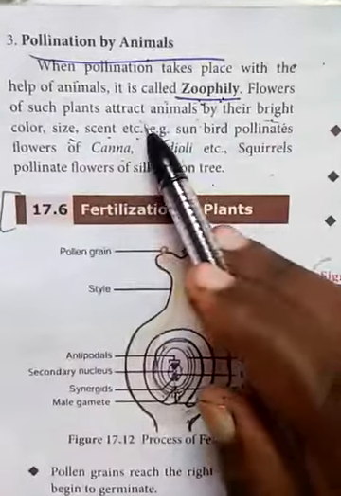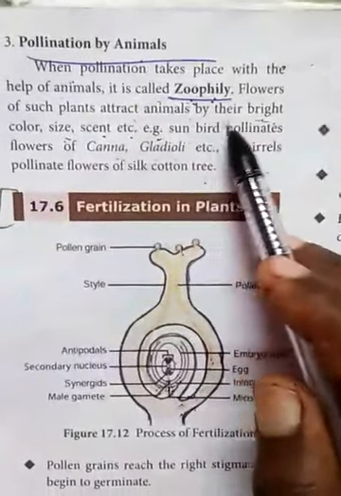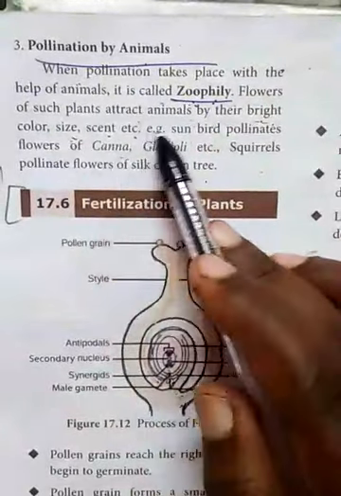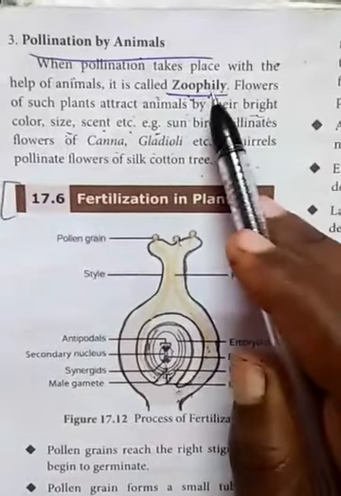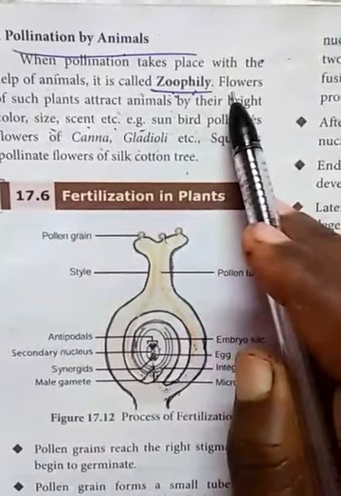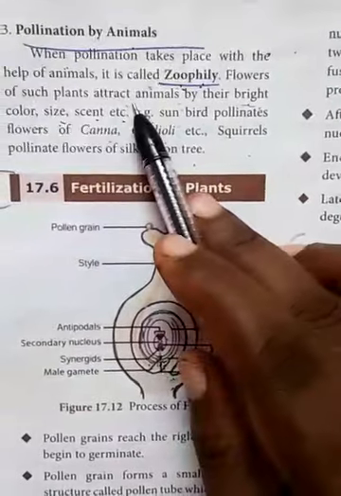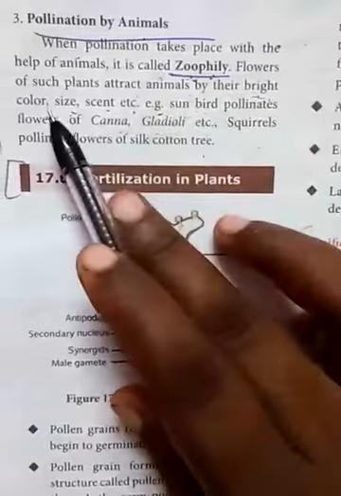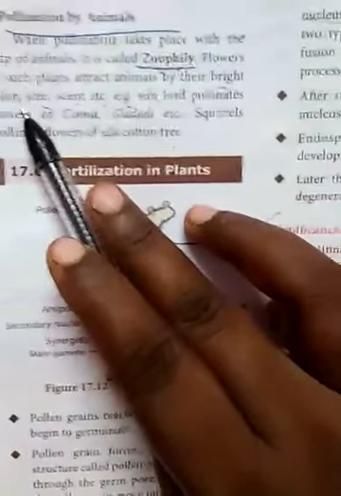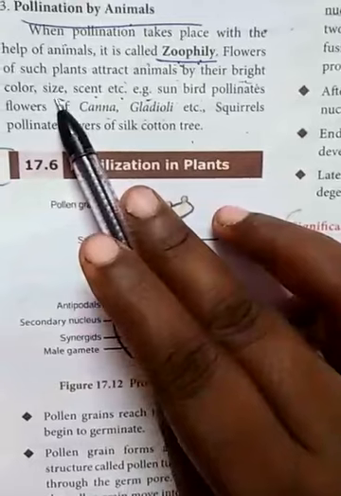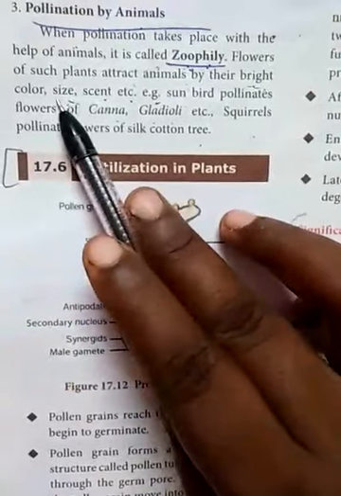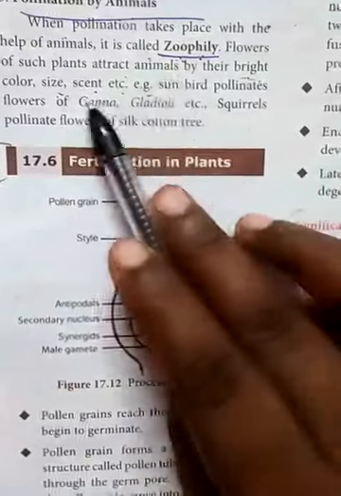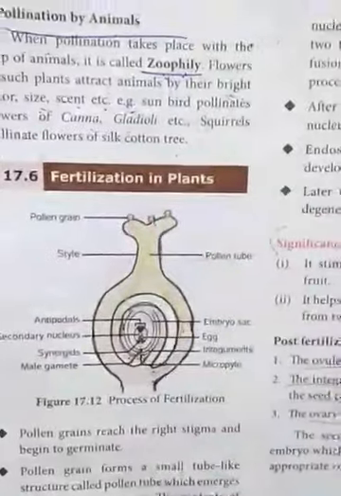Flowers of such plants attract the animals by their bright color, size, scent, etc. So another feature of flowers which are pollinated by animals is that the flower should have the ability to attract the animals. For that they should have bright colored petals. They should have some scent in it. They should be of larger size. By these features they will be able to attract the animals.